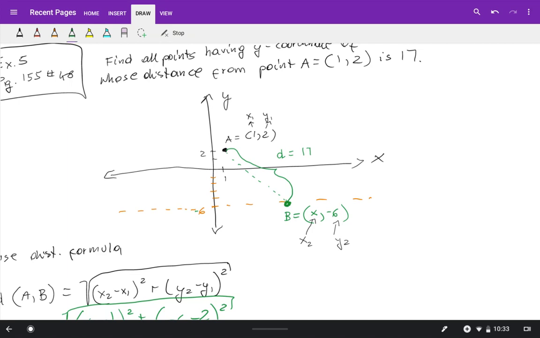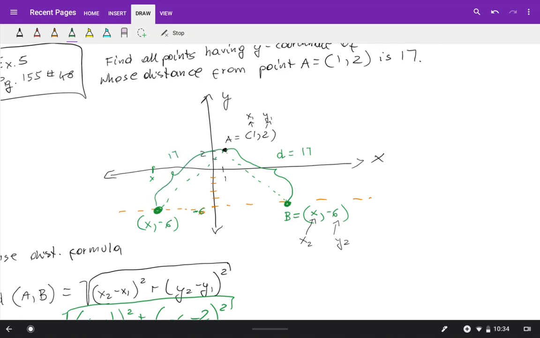We can go that way, 17 units away, and that can be another point. Again, we don't know what the x coordinate of that point is. However, we know that the y coordinate of this point also has to be negative 6. So we also have two solutions. So you can find 2 points.